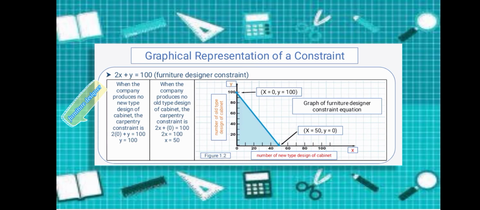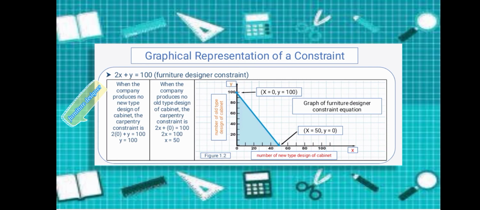The other is if walang old type design ni cabinet na maproproduce. So the furniture designer constraint is 2x plus 0, since walang old type as our y is the old type, is equal to 100. Then 2x plus 0 is equal to 100, so x is equal to 50. So we have y is 100 and x is 50.